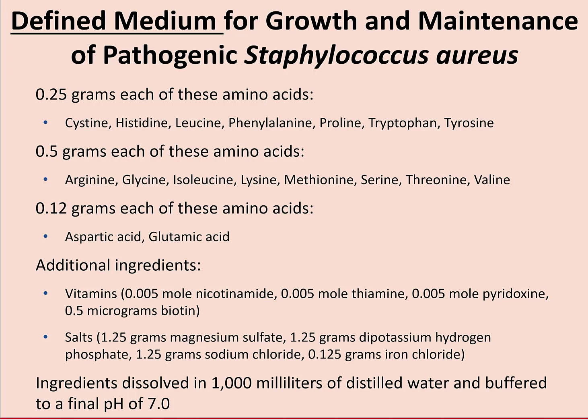Salts, magnesium sulfate, dipotassium hydrogen phosphate, 1.25 grams of sodium chloride, and that sort of thing. Salts typically will cause things to precipitate.